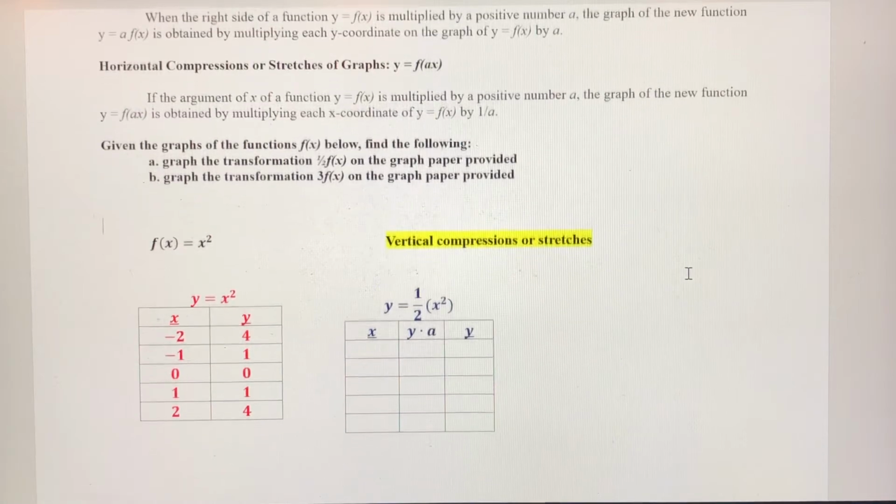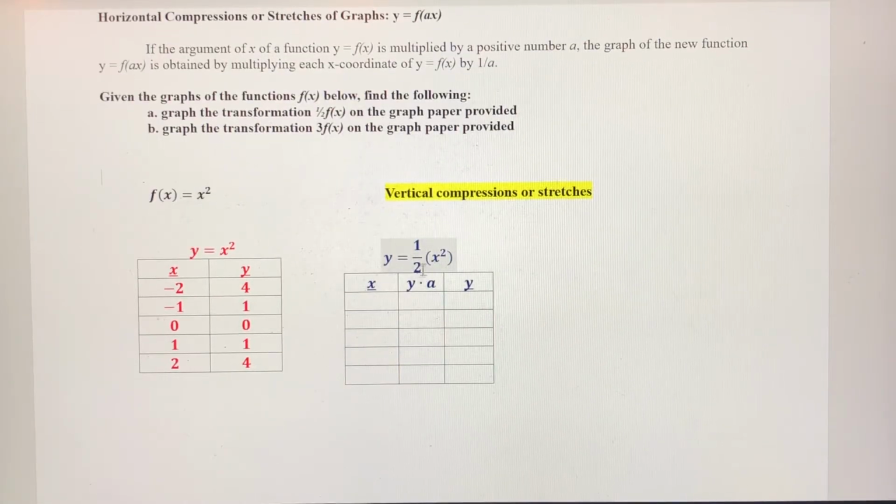All right, so when I multiply by 1/2 here, my original x-coordinates are going to stay the same. So the first x-coordinate I'm going to deal with is -2, okay? Now, obviously, you can plug this in and see what you get, but we want to get to where we understand how these compressions or stretches come about.